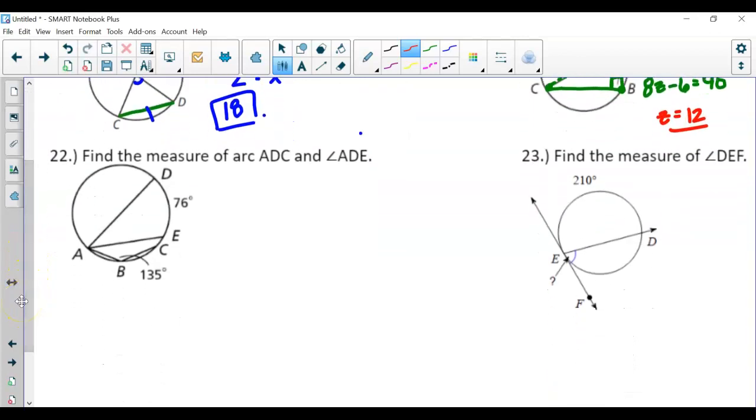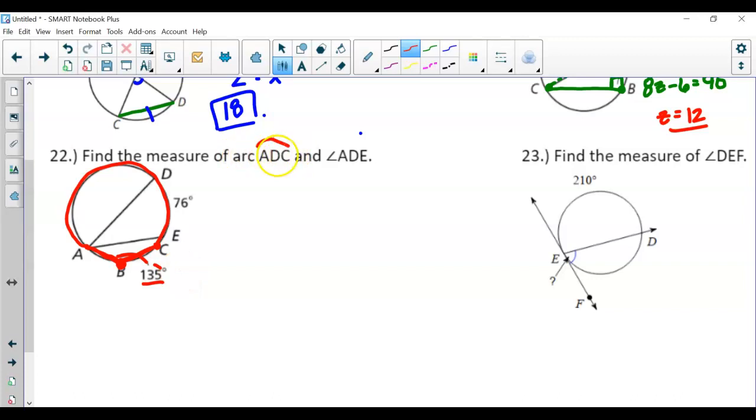Now 22. Here you're focusing on the measure of arc ADC. So ADC. So notice how here ADC is part of the endpoints here of our inscribed angle, which is 135 degrees. So if this angle here is creating the arc and it's inscribed, then we need to double it.